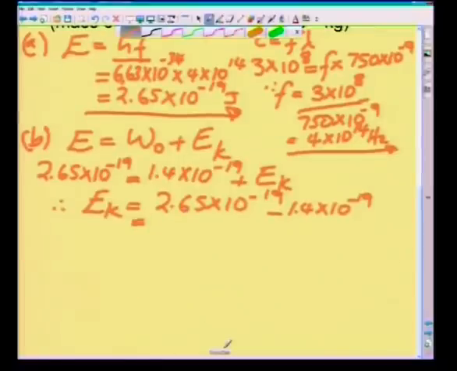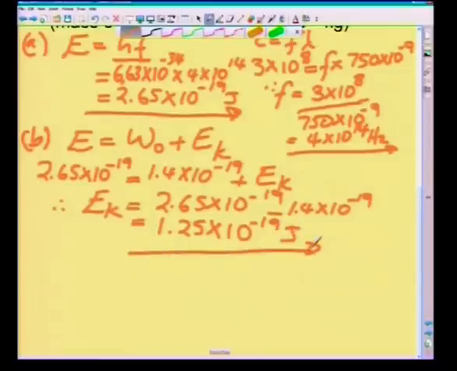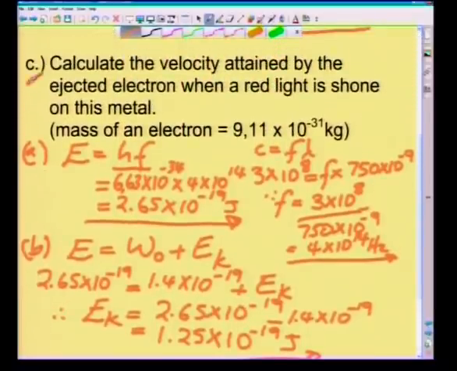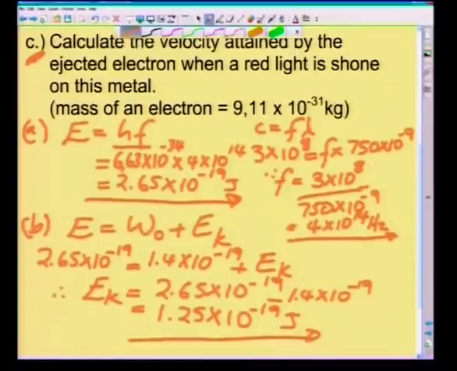Okay, the answer there, you can actually work it out quickly without a calculator maybe. This will be 1.25 by 10 to the power minus 19 joules of energy. Okay, so that is how you work it out. Let's quickly have a look at the last part of the question. Hope we have enough time to do that.